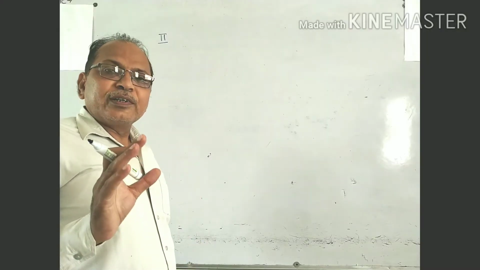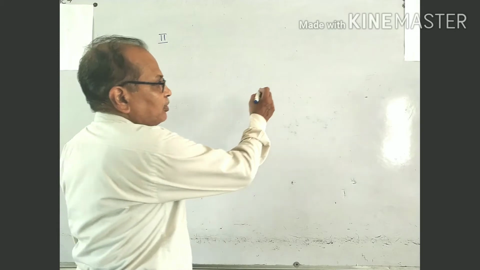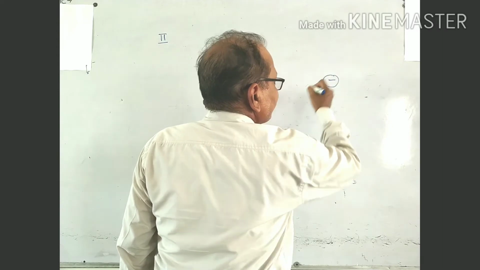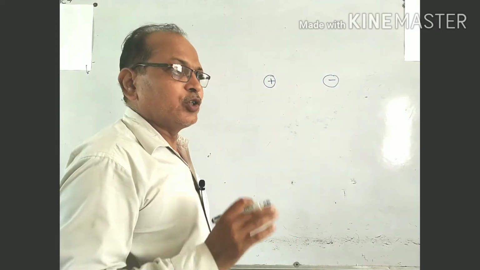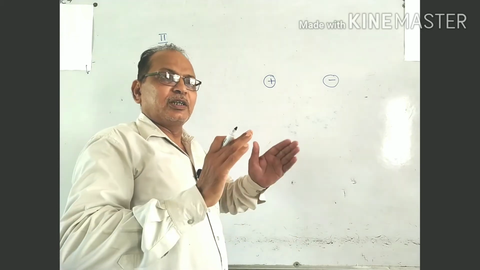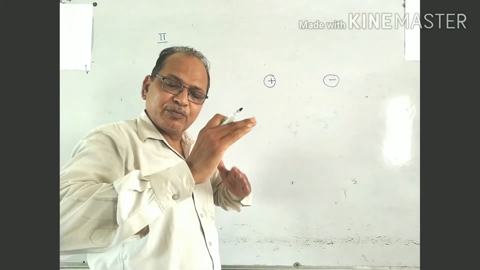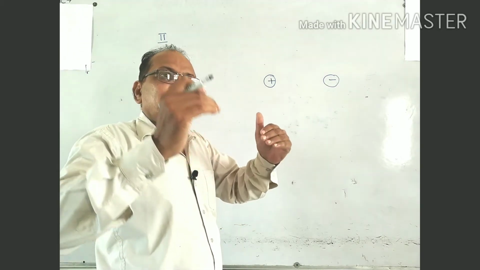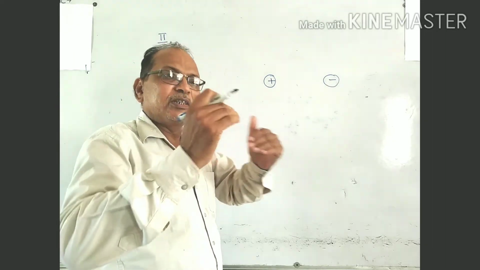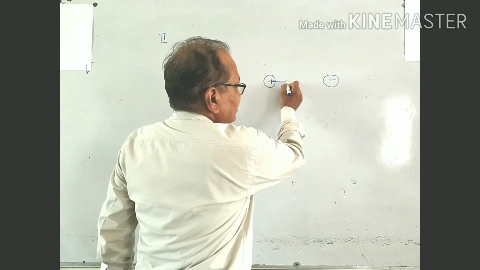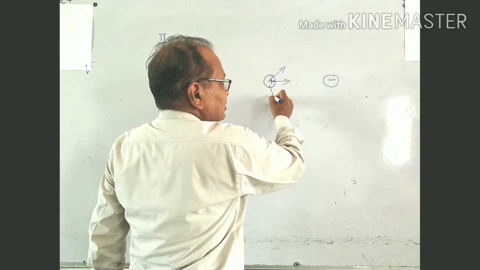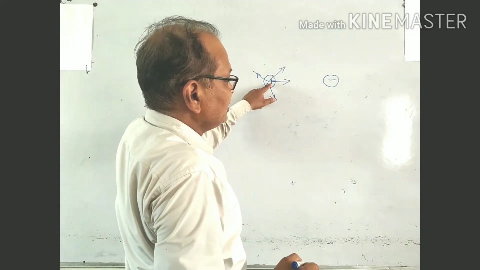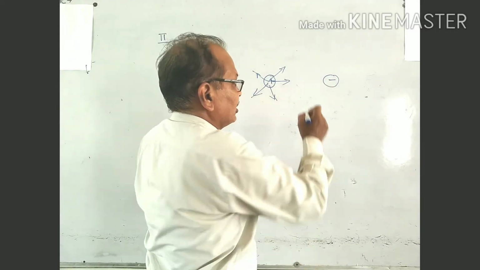Secondly, if two different charges are there, for example, this is a positive charge and this is a negative charge. You know, for the positive charge, the electric lines of forces move away from the charge. For the negative charge, the electric lines move towards the charge like this. These are the electric lines by the positive charge, and these lines will move towards the negative charge like this.